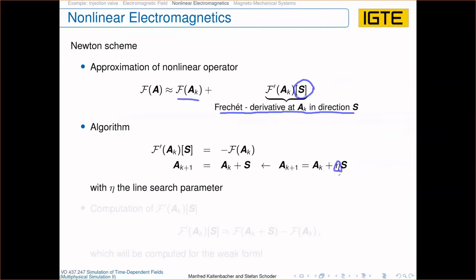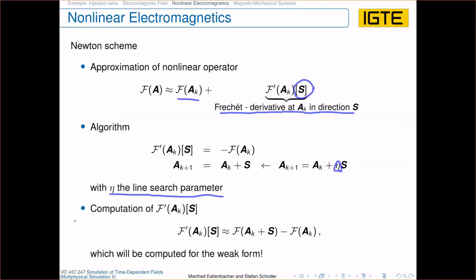We need such a method, you call it a line search parameter. So you do a kind of line search approach to get the optimal eta within each iterative step. So we see the following: the computation of this f prime, our nonlinear operator.